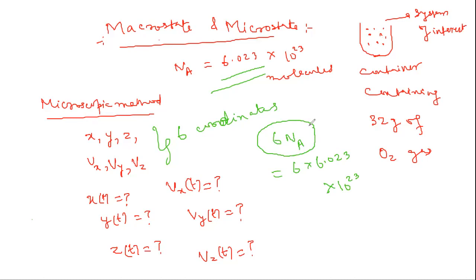For each particle, you have to find its trajectory, meaning you have to specify these 6 equations, and then for any number of molecules, you have to figure out this many equations. Then you can predict the system with classical mechanics. When you do this detailed description of the system, we call it the microscopic method.